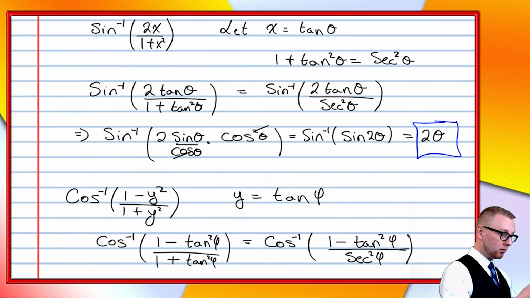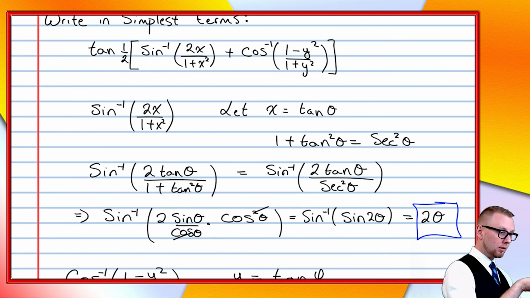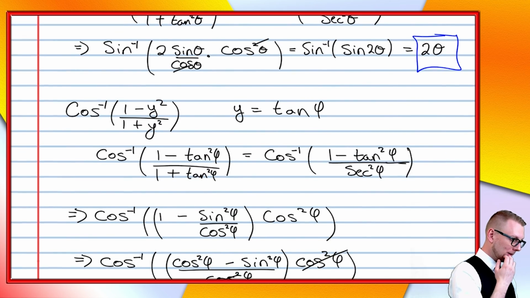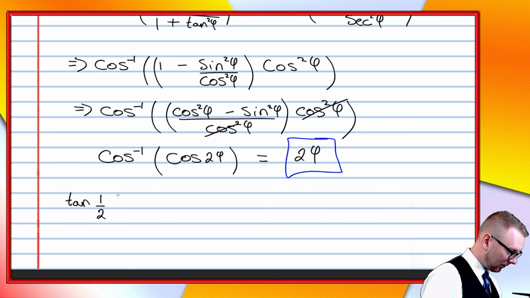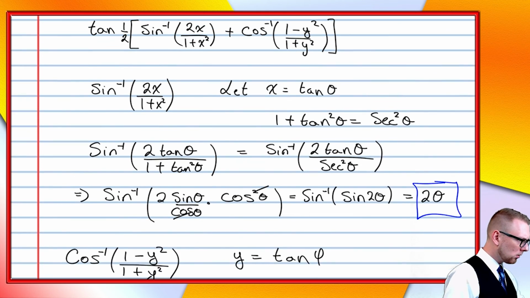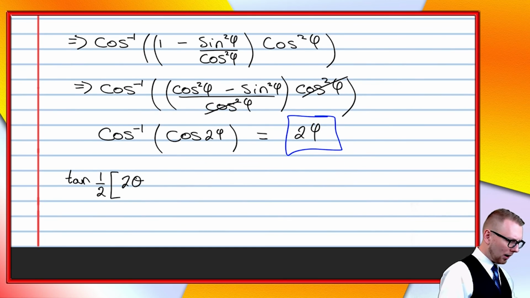Now, our original question is tan of one half of this angle. Sine inverse was 2 theta, cosine inverse was 2 phi. So this would become tan of one half of 2 theta plus 2 phi.